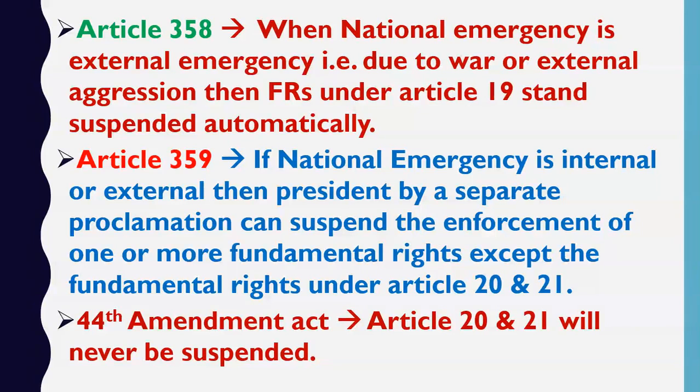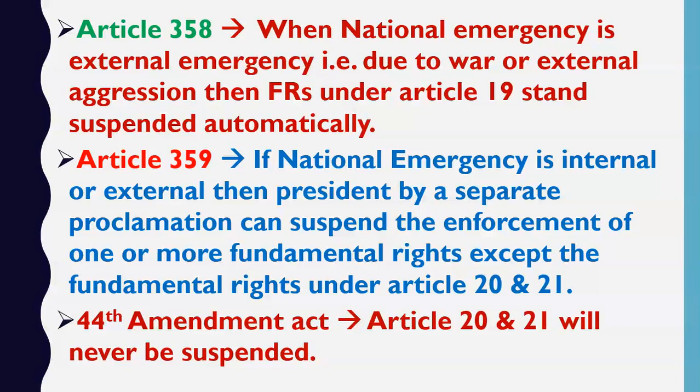Means these rights are no more with the citizens until the emergency is over. There is no need to suspend them by a different or separate proclamation. Automatically these rights will be suspended, and citizens will not enjoy these rights.